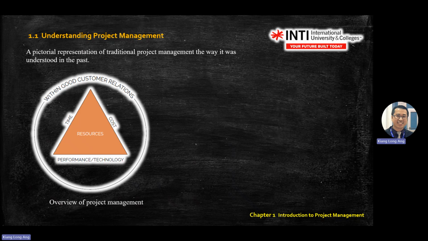Then outside here, you need to take good care of your customers. This is an important diagram when it tells you to illustrate traditional project management. This is traditional, maybe 20 years ago someone introduced this one. But today we will modify this model a little bit.